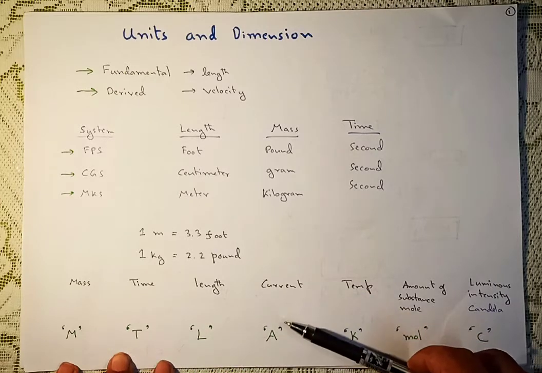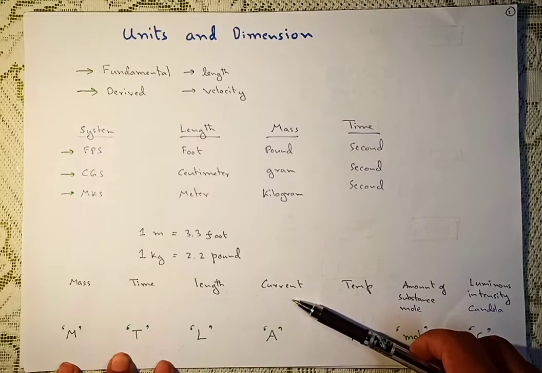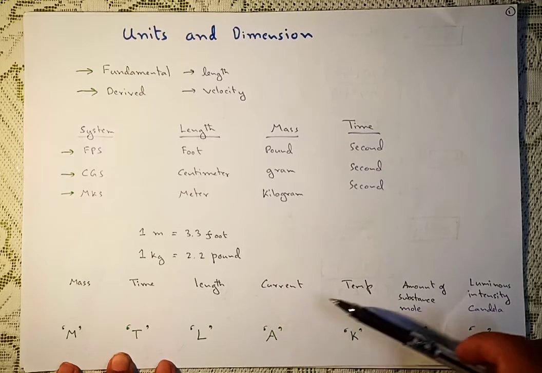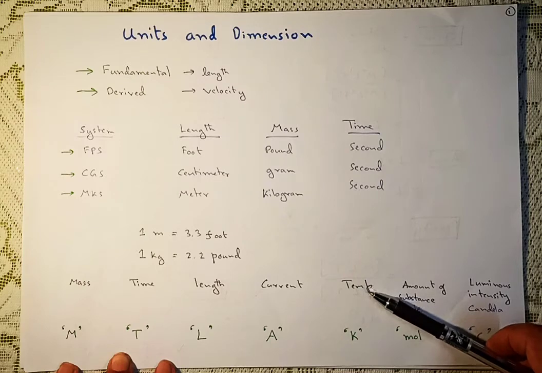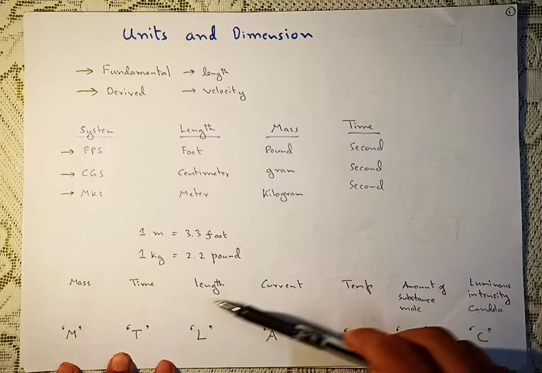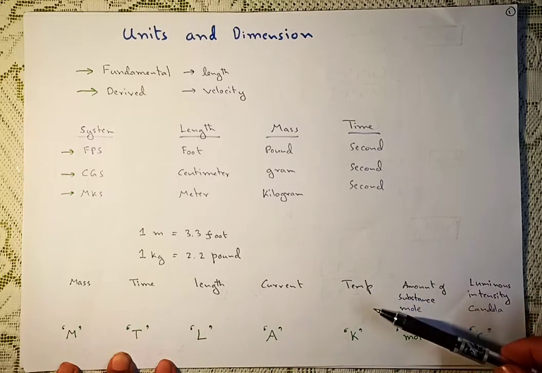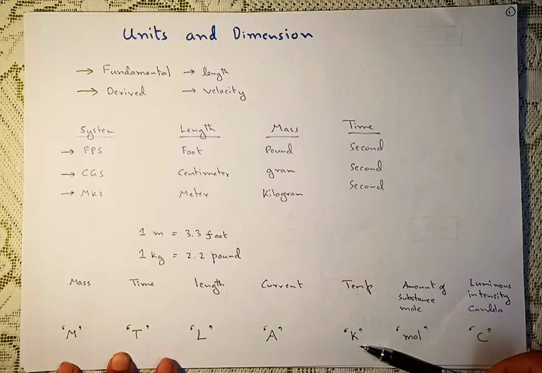And we have current. The unit of current is ampere. Therefore, we are using this symbol A. Temperature, although temperature can be written as T, since T has already been assigned to time, we take temperature as K, Kelvin.